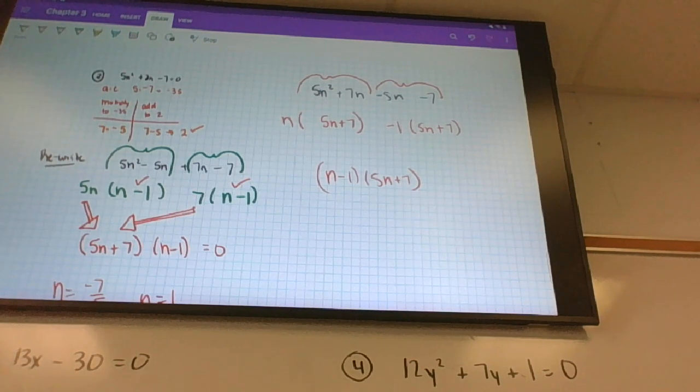The only thing that converts is 1. It also has an n. And then in parentheses, what's left would be 2 and negative 7. So just taking n.